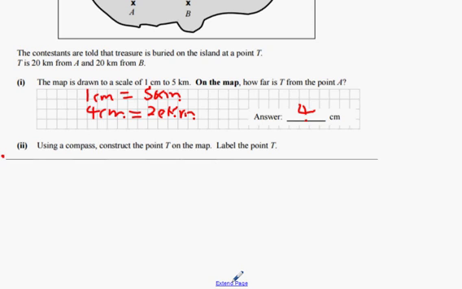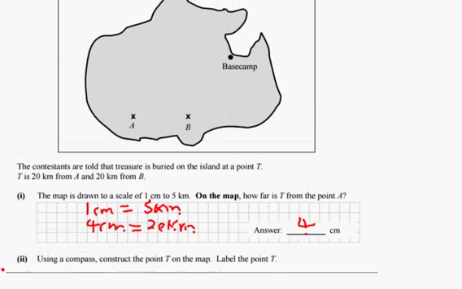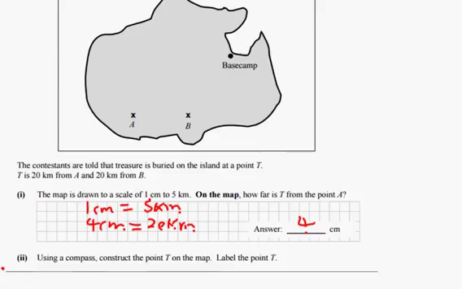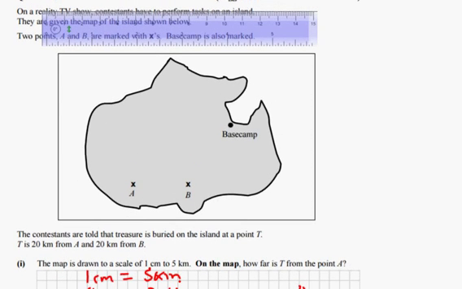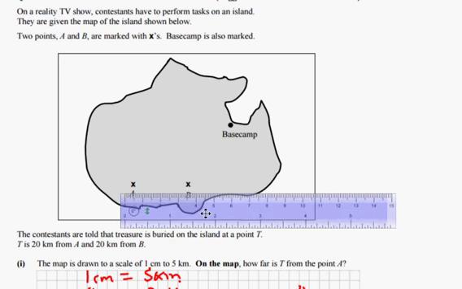Label the point T. Now I have to be really careful with this because I have to make sure my scale is right. Can somebody tell me how far A and B are separated, using your ruler? 2.7 centimetres? Is that right?